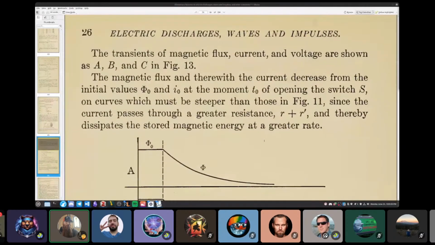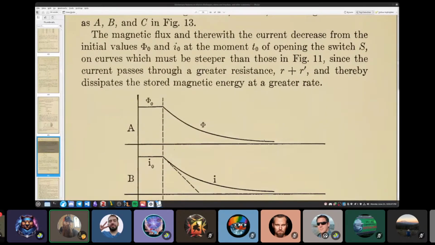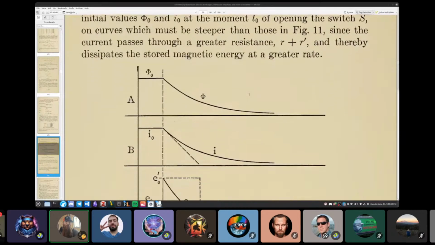The transients of magnetic flux, current, and voltage are shown as A, B, and C in figure 13. The magnetic flux and therewith the current decrease from the initial values phi naught and I naught at the moment t naught of opening the switch S on curves which must be steeper than those in figure 11, since the current passes through a greater resistance, R plus R prime, and thereby dissipates the stored magnetic energy at a greater rate.